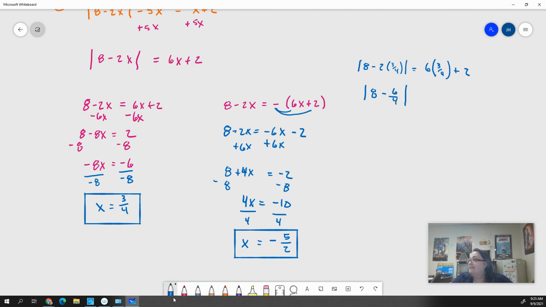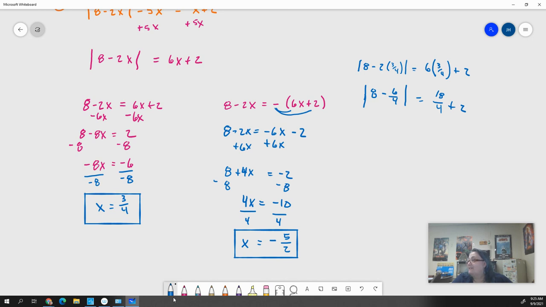You know what that means? That means I have to find common denominators. Equals 18/4 plus 2.